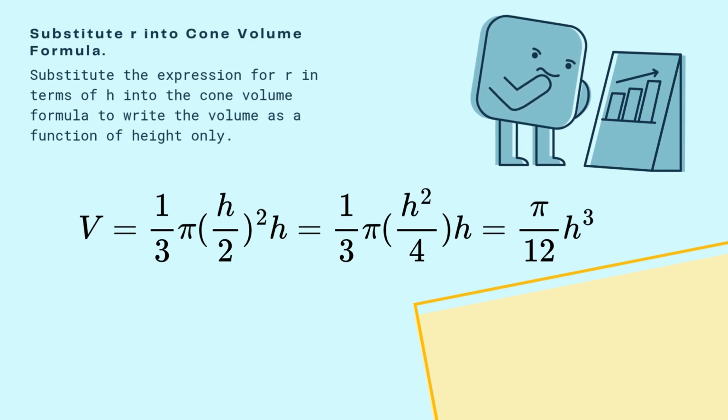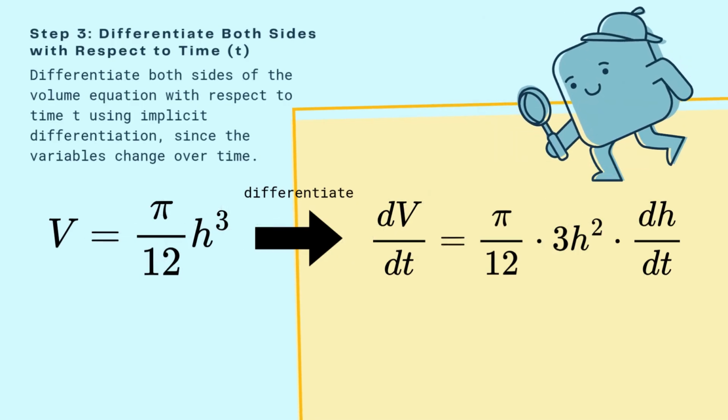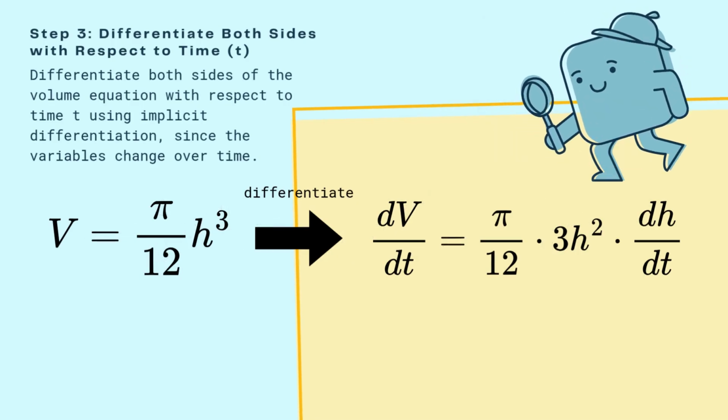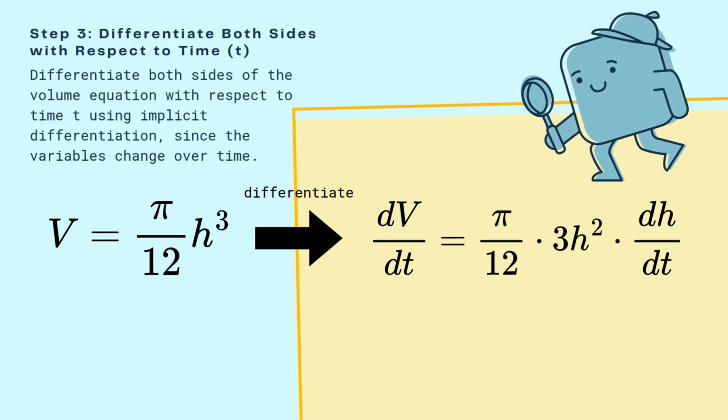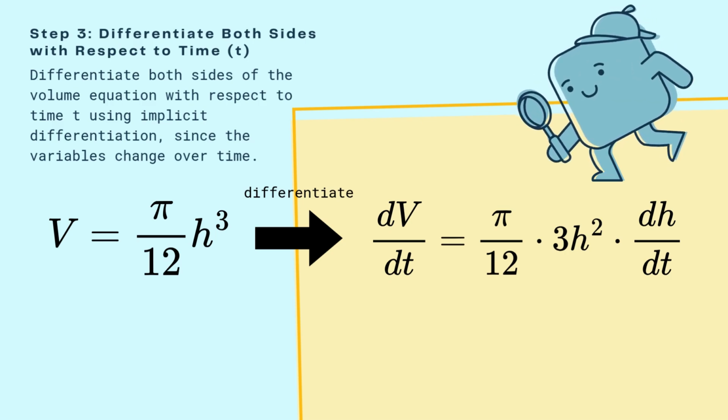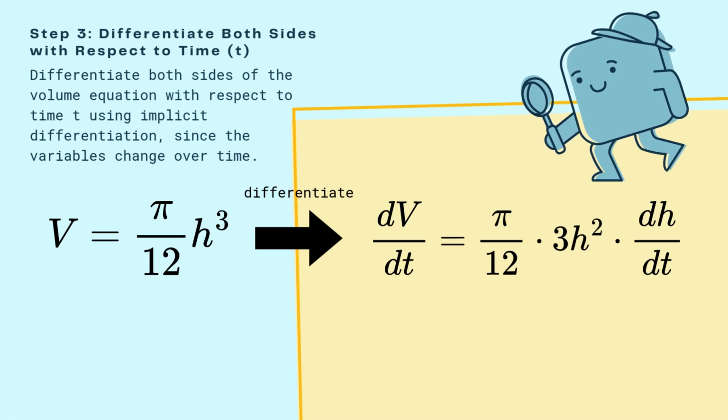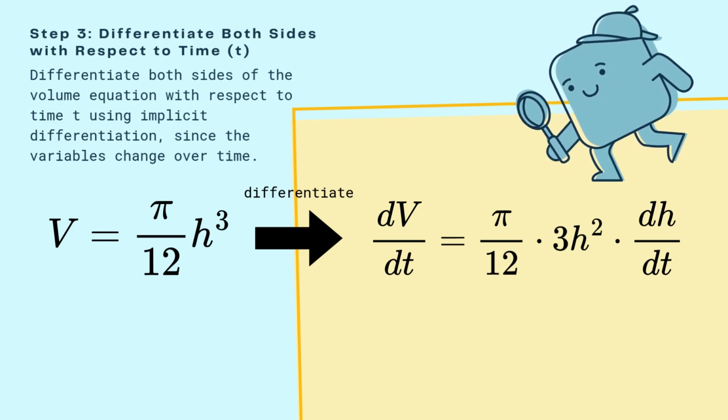Step 3. We are going to differentiate both sides of the equation with respect to time, which is t. For the differentiation of both sides of the volume equation with respect to time t, we are going to use implicit differentiation since the variables change over time.